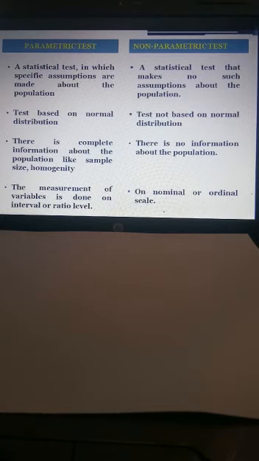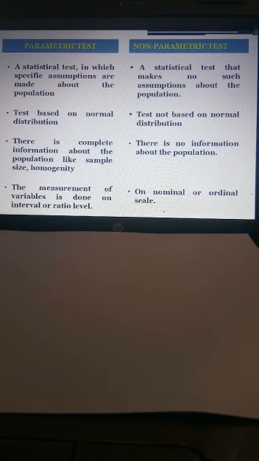So in those tests we make certain assumptions regarding our parameters, the limits about the population. But in the non-parametric test, we are not making certain assumptions about the population.